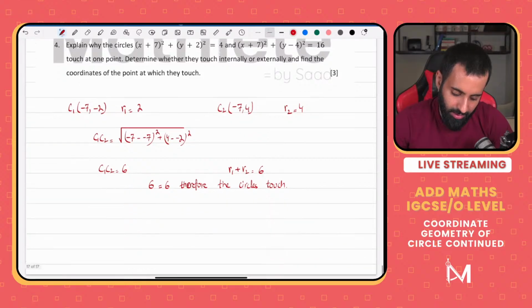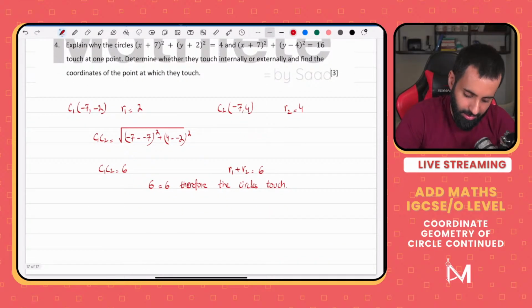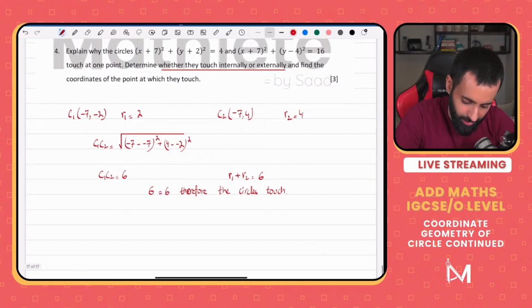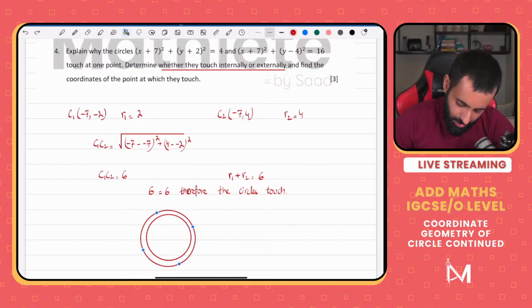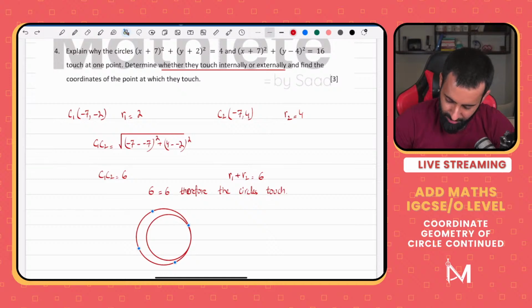Now, whether they touch internally or externally, this is something new. Do they touch internally or externally? Now, let's see. We have one circle here, and we have the other circle over here. If they were touching internally, then the sum would not be equal to the distance between the two centers. The difference would have been equal.